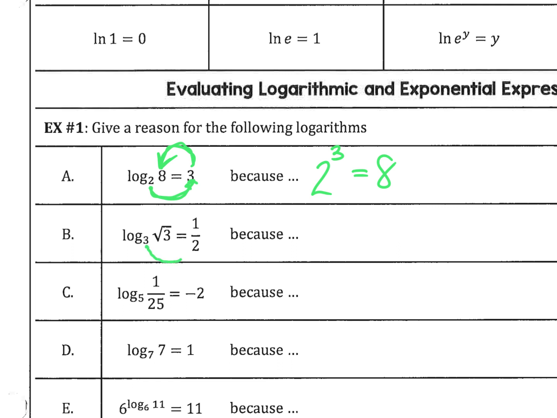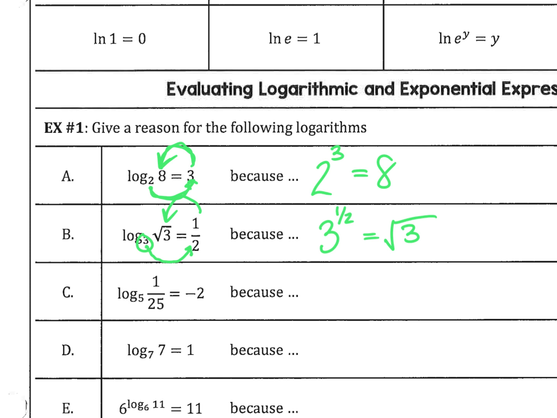Take a look. 3 to the what? 3 is the base in both places, isn't it? So 3 to what power? So the 1/2 power is equal to what? Isn't the 1/2 power the same as the square root? So it's true. Okay? See if you can turn C into something.